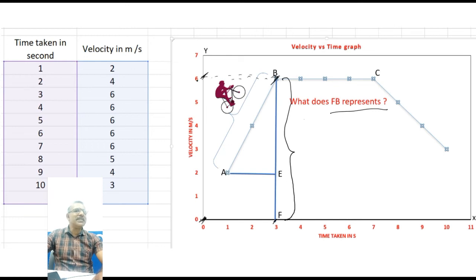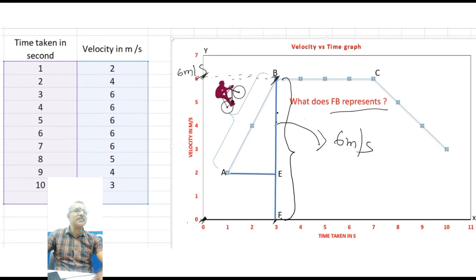So B ends here at 6 meter per second and F here starts from 0. So from 0 to 6 meter per second. So what does the entire length represent? The length of this FB represents 6 meter per second.